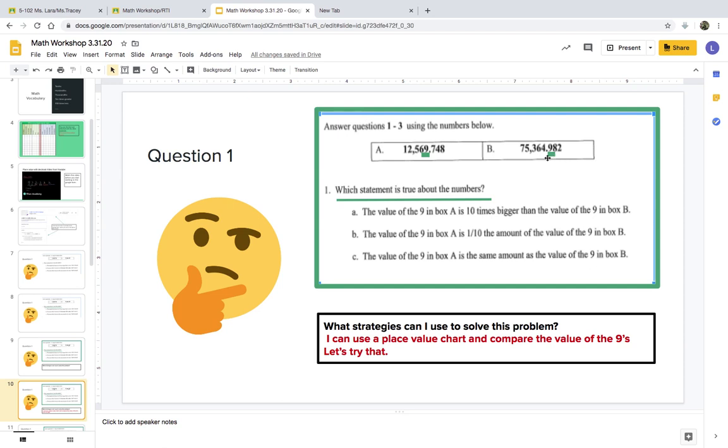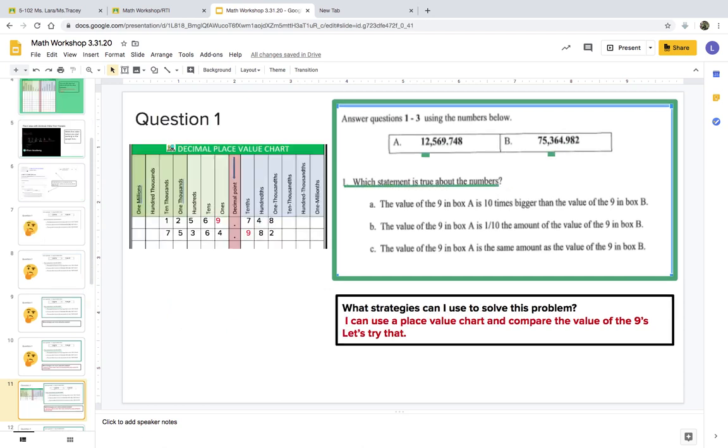I quickly underline the 9 in both number A and number B. Okay, so let's see if I can use a place value chart. So here's the place value chart that's in our tools, right? You could sketch this out in your notebook and do the same type of work that I've done here. So here's number A and here's number B.